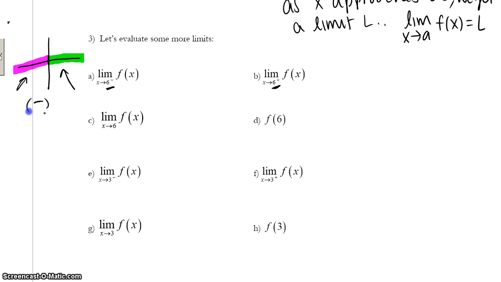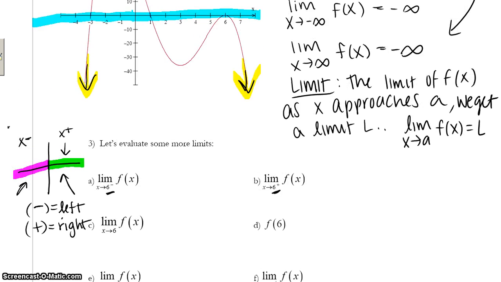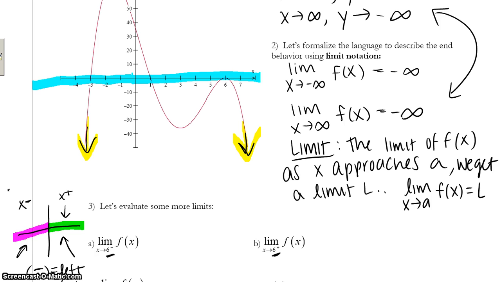So when you see a negative exponent, that means you are looking at your graph from the left. And when you see a positive sign, you are looking at your graph from the right. Because again, x is positive on our right side and x is negative on our left side. So now let's take a look at our graph.